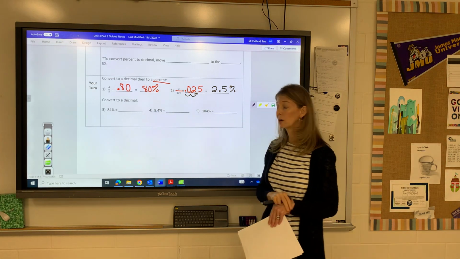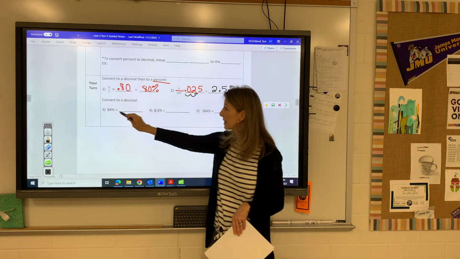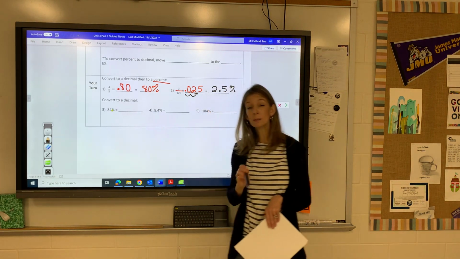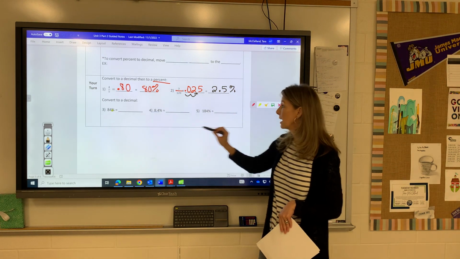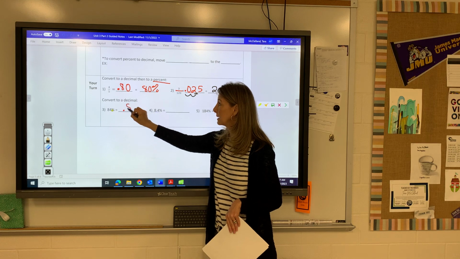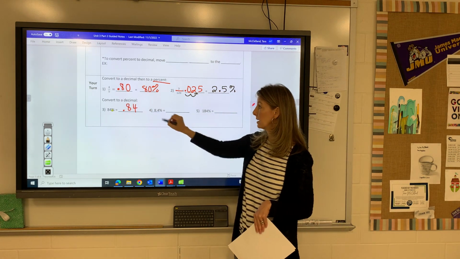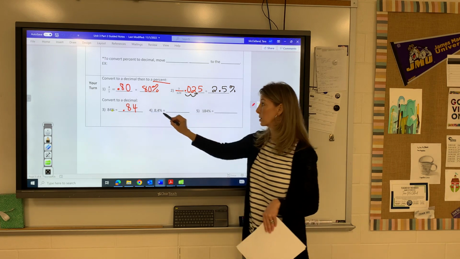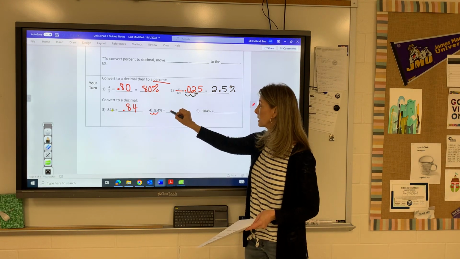All right, if we are converting these percentages down here to a decimal, again, we've got that invisible decimal after our last digit. We move it 2 places to the left, and we end up with 0.84. To the next one, 8.4%. Moving it 2 places means we're having to add a 0 in there.